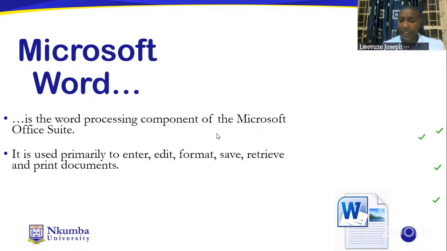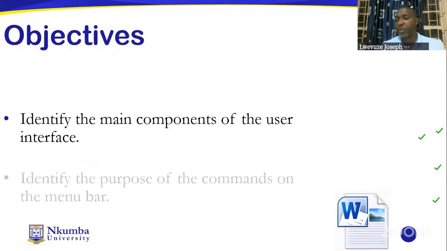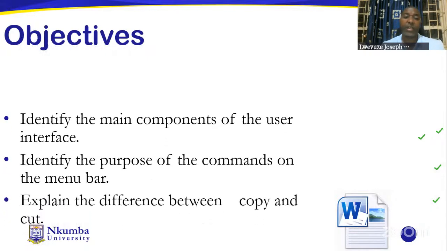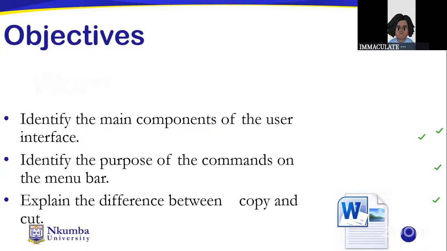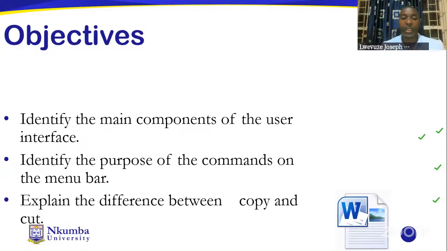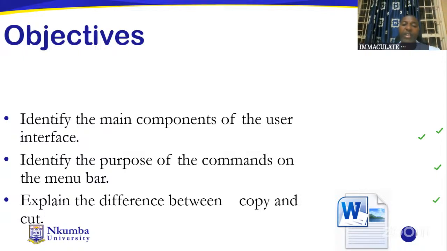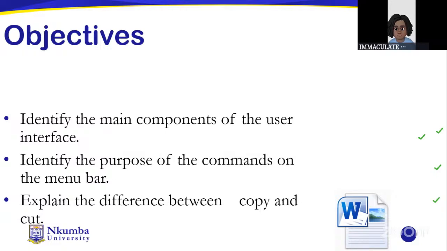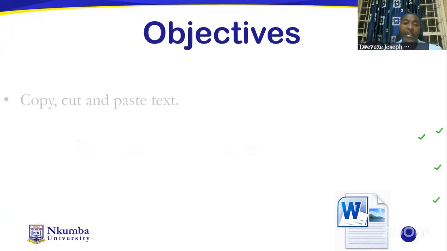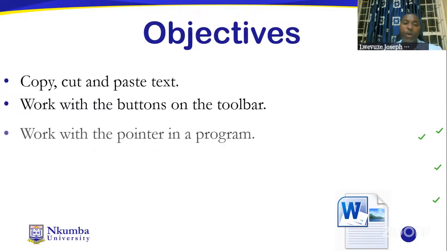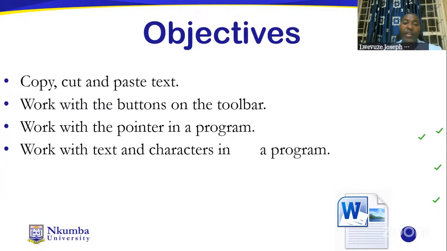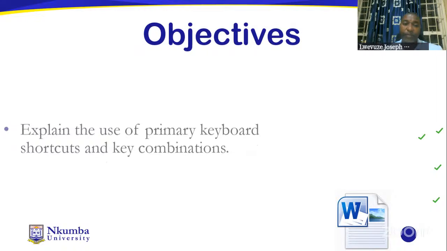Now, going ahead, we have a number of objectives to achieve. One is to be able to identify the main components of the user interface of a word processing application, identify the purpose of the commands on the menu bar, explain the difference between a copy, cut, and a paste, work with the buttons on the toolbar, work with the pointer program, and also work with the text characters in a program.